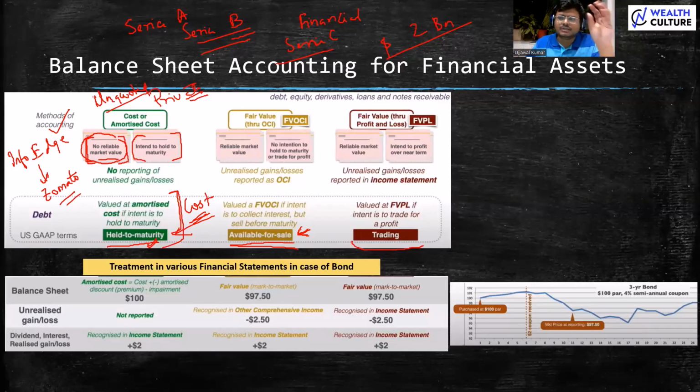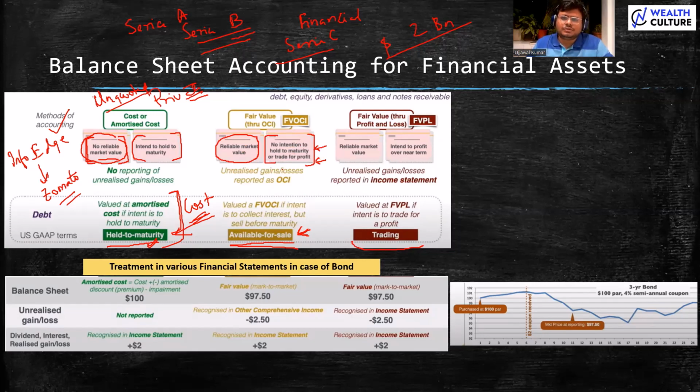I have already earmarked them for selling. And there is a reliable market value to value these shares. There is no intention to hold to maturity or trade for profit. So I don't intend to hold this till maturity, but I don't intend to trade for profit either.